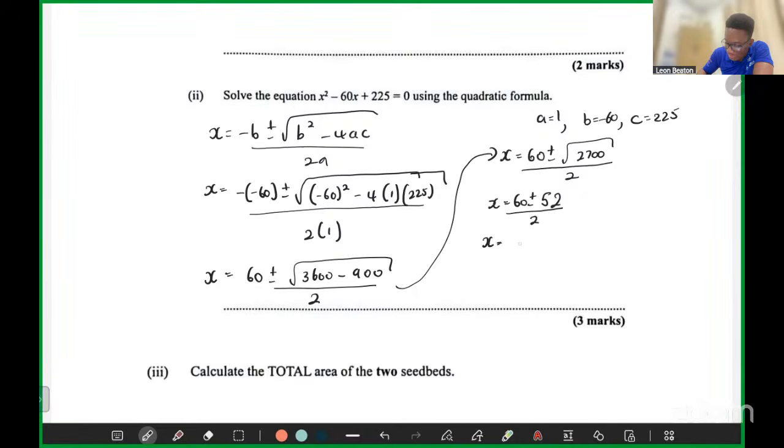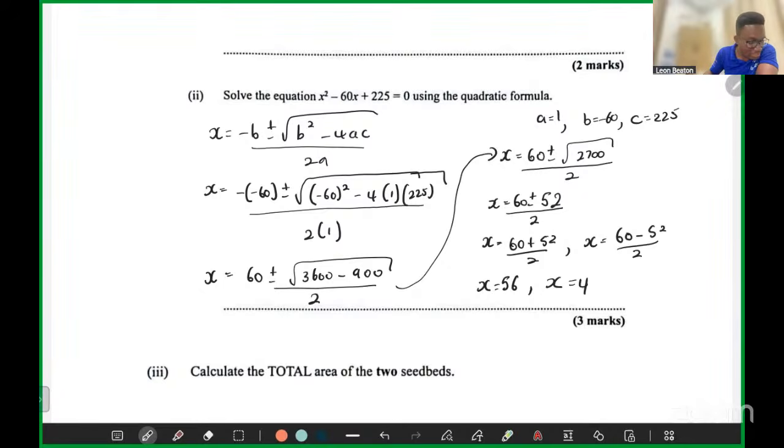So we'll have 60 plus 52, all divided by 2 as one of the answers, and x will be equal to 60 minus 52, all divided by 2 as the other answer. 60 plus 52 gives us 112. 112 divided by 2 gives us 56, so x is equal to 56. 60 minus 52 is equal to 8, all divided by 2 will give us 4. So x is equal to 4.